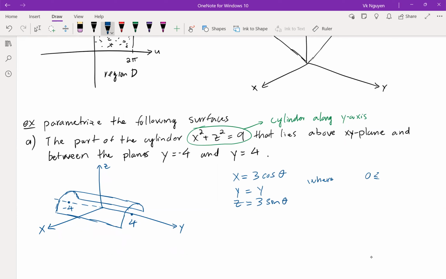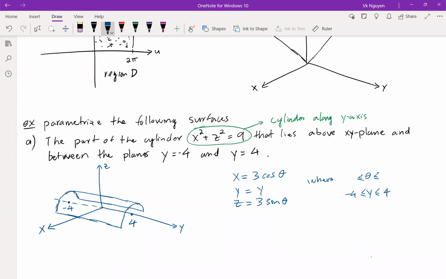Where does the angle theta go from? We know y goes from -4 to 4 based on the description. But then the angle, well, you want it to be above the xy plane.